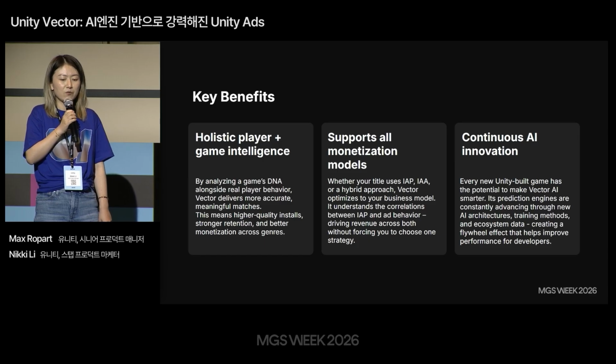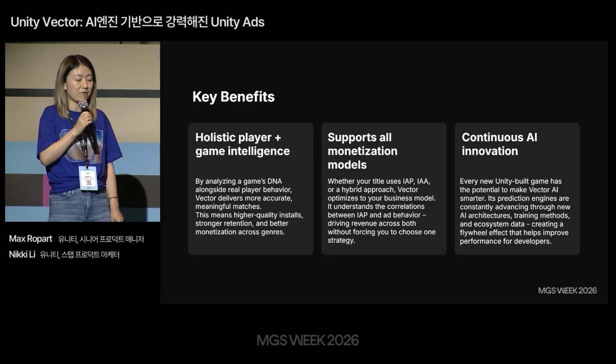And innovative AI-based self-learning and improvement capabilities. So every new game, every new user, or even new creative makes Vector better. It all comes down to 2 things, the scale and the quality.